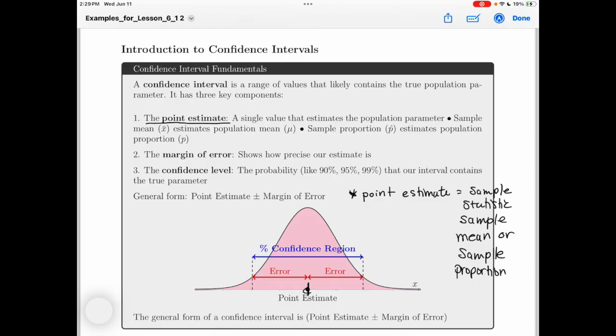So that's what goes in the middle. We're using the sample mean or proportion to make our educated guess.